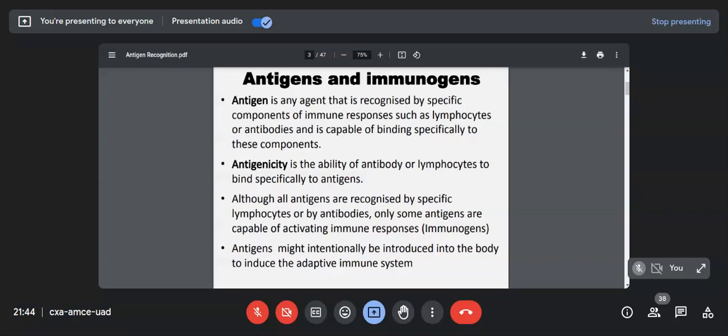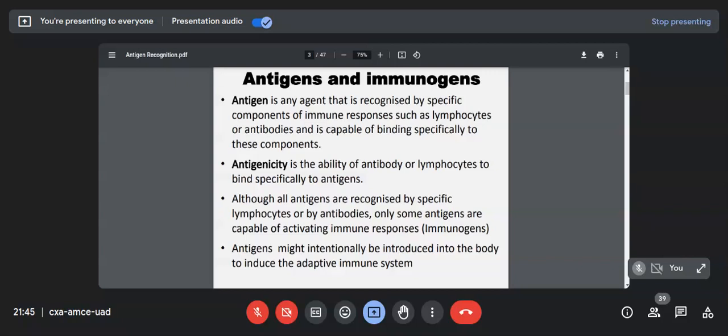So in the mnemonic A to the power 3, the first A stands for antigen, the second A stands for attach, and the last A is antigenicity. So it is basically an antigen attaching and causing antigenicity. That's the first thing you must take note of.